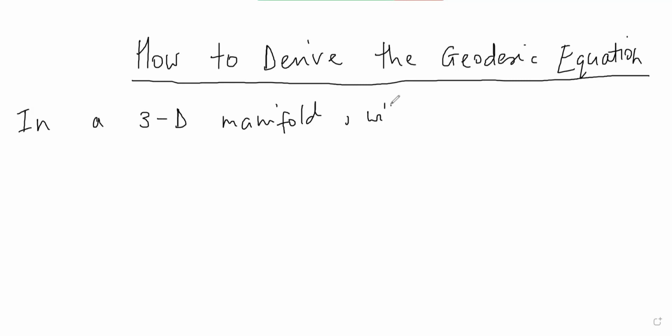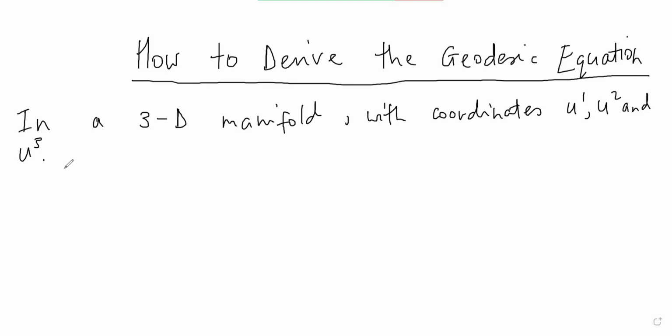So these are the coordinates of our three-dimensional manifold. U1, U2, and U3 are the coordinates of our three-dimensional manifold that we are working in.